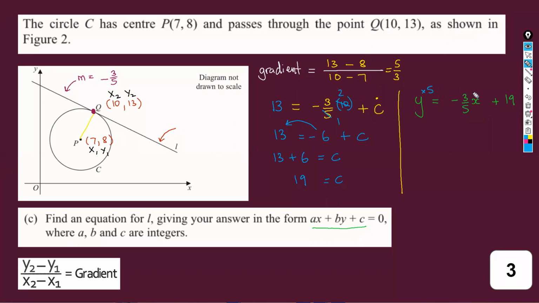You'll get 5y, the 5 and the 5 cancel out, minus 3x, and 19 by 5 is 95. Throw everybody on the same side, you'll get positive 3x, positive 5y, minus 95, equal to 0.